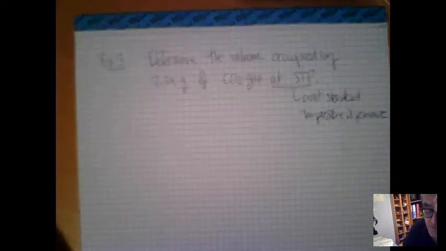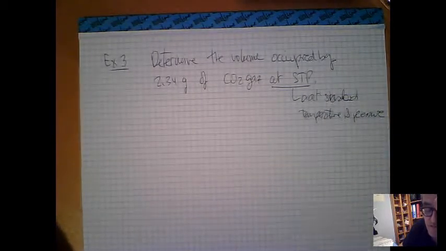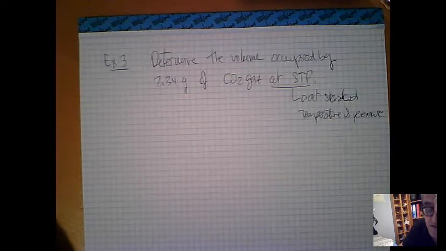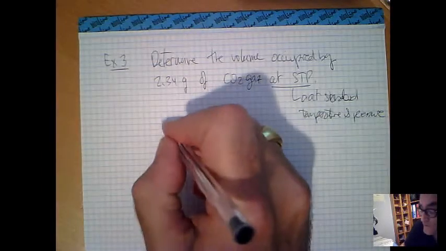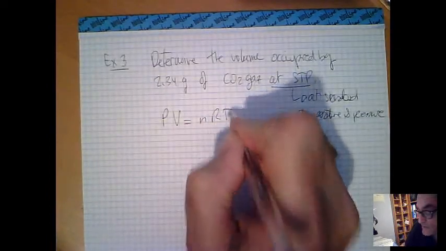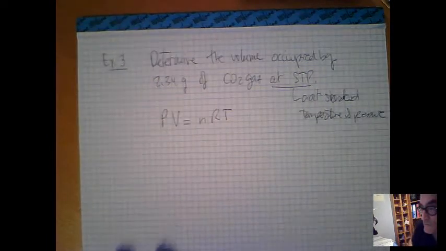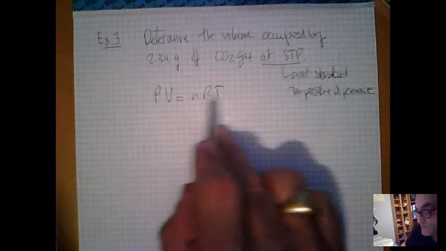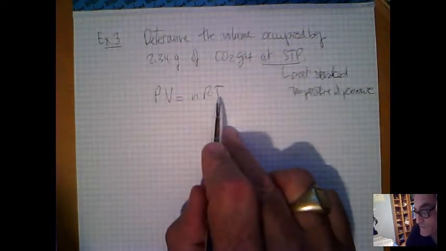So you have to compute the number of moles, of course. And then you have to use the law PV is equal to nRT, but this time you are not going to compare two situations, you are going to use the law in itself.